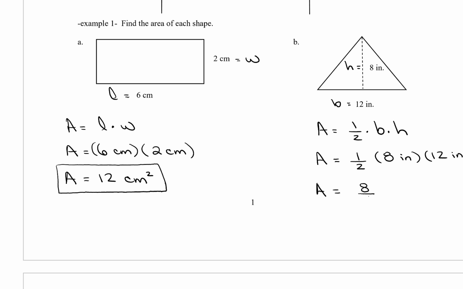And so the area is going to be equal to 8/2 times 12 inches squared. So that's going to be equal to 4 times 12 inches squared. So the area of this triangle is going to be 48 inches squared. I'm going to box that in.